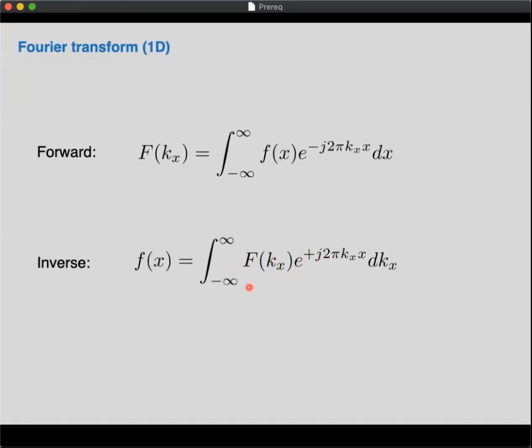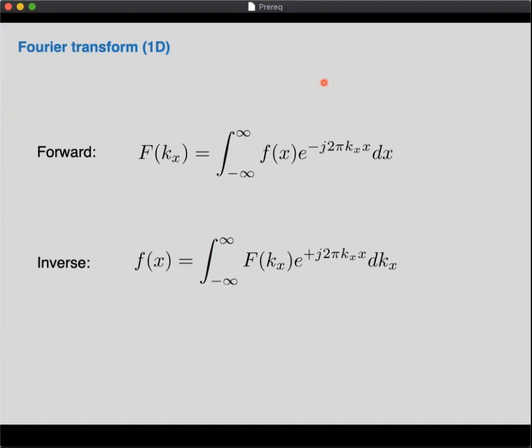You take the spectrum F of kx and multiply it by a Fourier kernel, but the only difference is that now it's conjugated, so it's a plus j 2 pi kx x, and now the integral is over kx as opposed to over x, and at the end we get the function f of x. This is a one-to-one relationship, so you can go back and forth without losing any information whatsoever, which is pretty amazing.